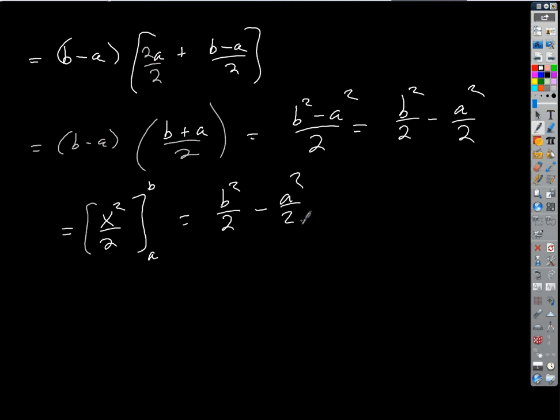So if our answer looks like this, and we started off with the area under the function f of x, do you know of a way to connect f of x equals x to x squared over 2? Isn't that the antiderivative?